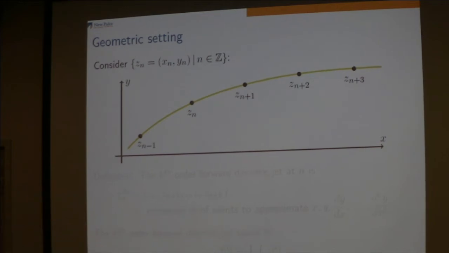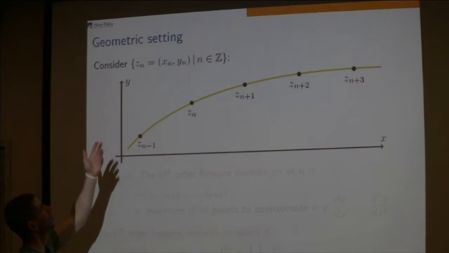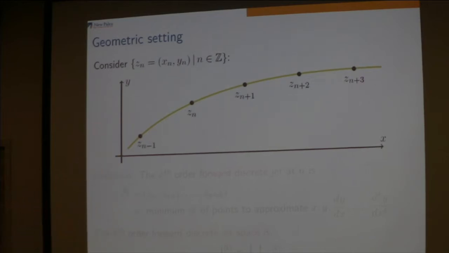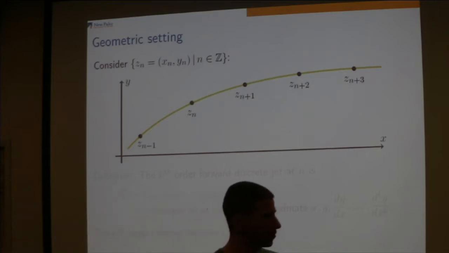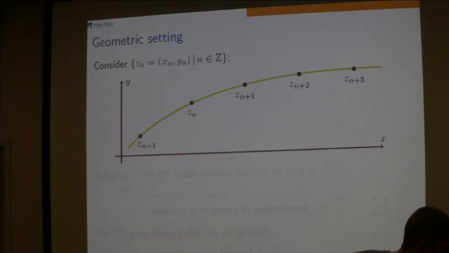We'll denote these points by z subscript n, so n keeps track of the sampling. We will consider the collection of all points in the plane denoted by z_n, where the coordinates are given by x_n and y_n, and the integer n can take integer values. So we allow ourselves to have infinitely many of these points.